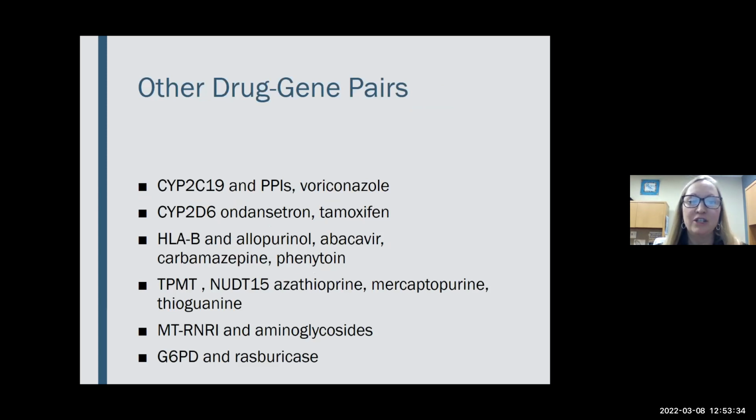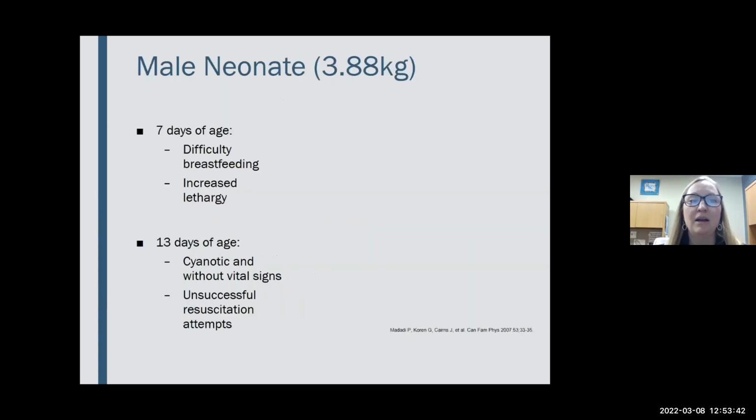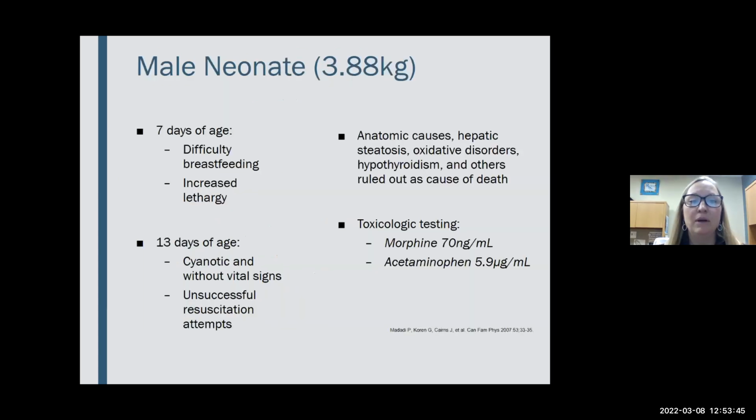Here are just some other drug-gene pairs that we won't even get into, but you can peruse the CPIC guidelines. This is not the gold standard of pharmacogenetics, but something that can give you some kind of clinical implementation or thought process about how significantly this can impact patients.